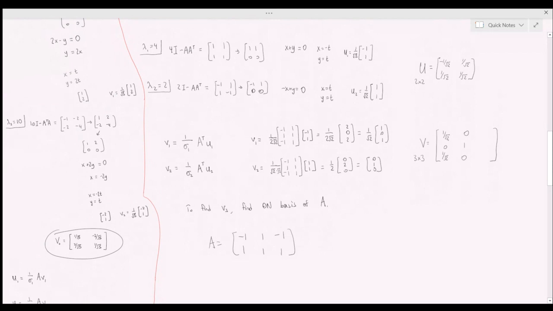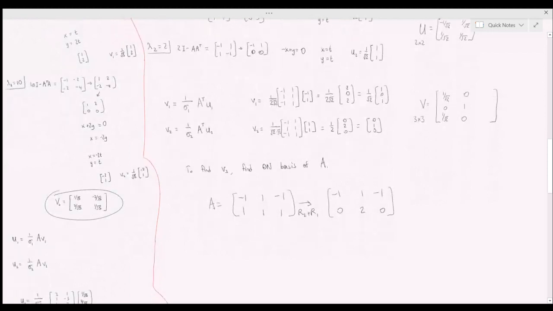So now I'm going to start reducing this matrix a little to find its null space. So let's say if I add row 1 to row 2, okay, and I'll go ahead and stop here and I'll write out the corresponding system of equations for the null space. So let's see here.